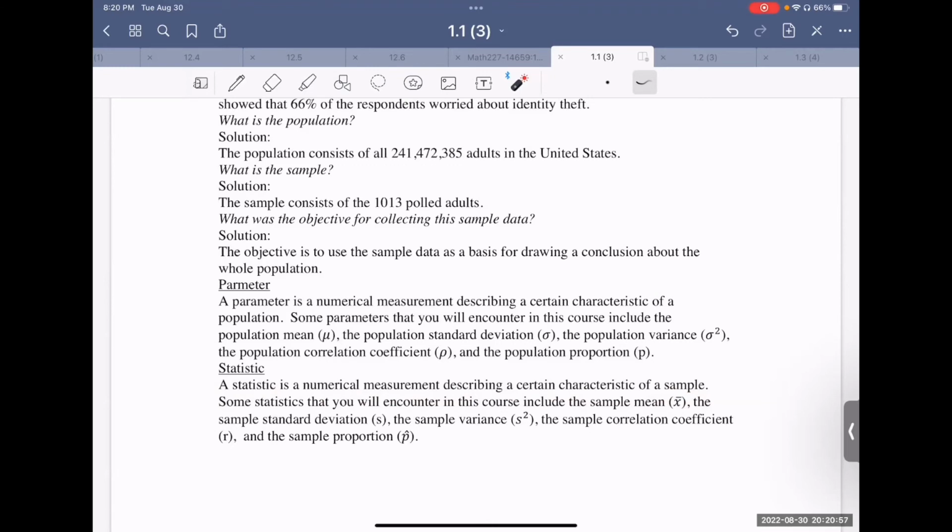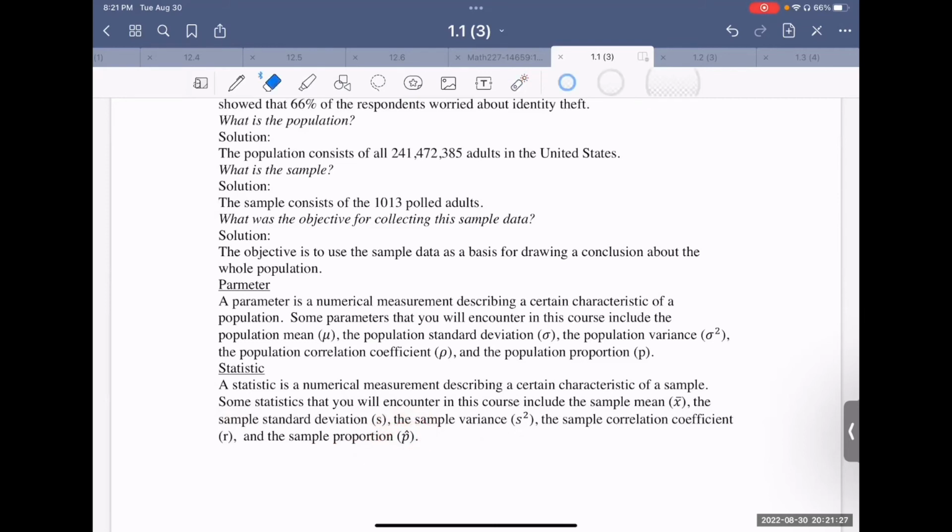Some statistics that we will encounter in this course are the sample mean, denoted by x bar, the sample standard deviation, denoted by the letter s, the sample variance, denoted by s squared, the sample correlation coefficient, denoted by the letter r, and the sample proportion, denoted by p hat, a p with a caret.